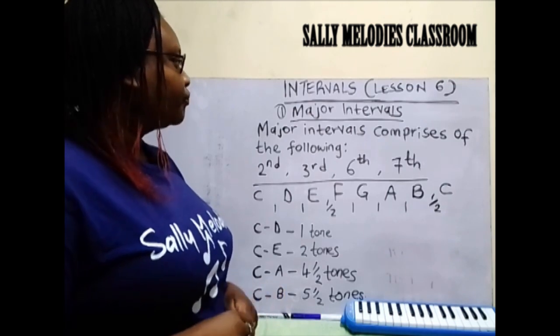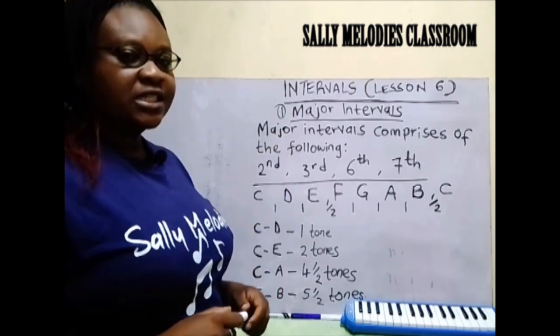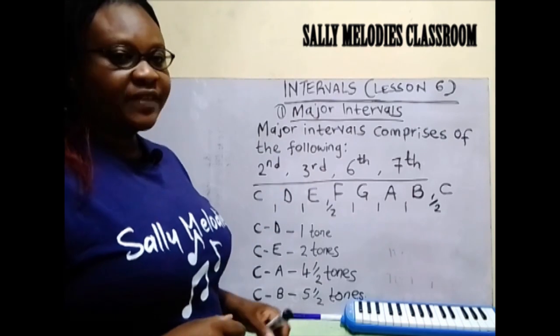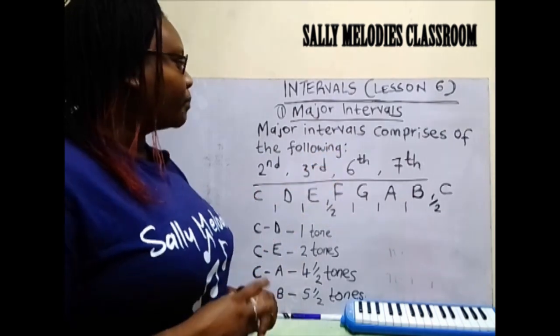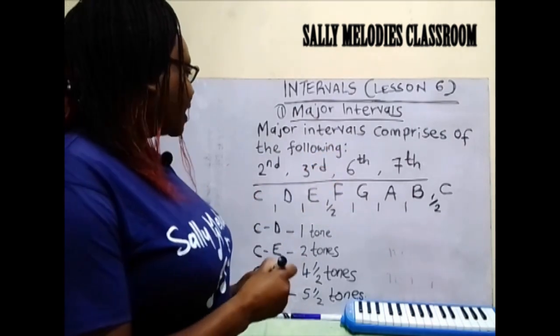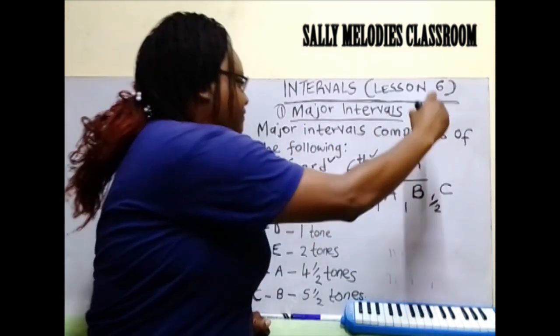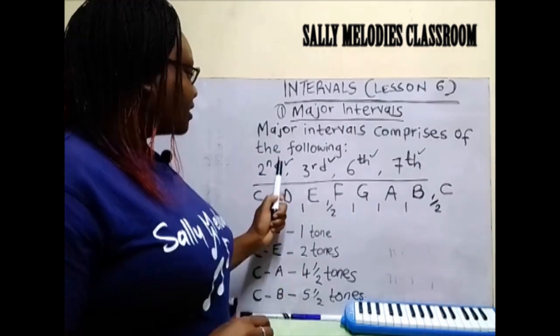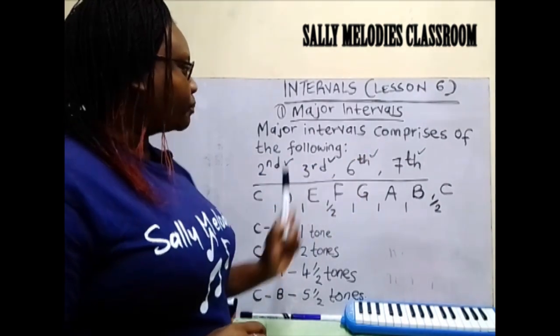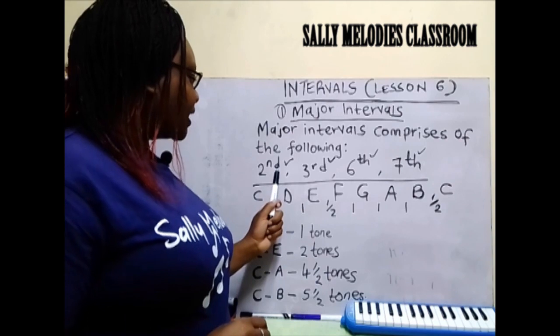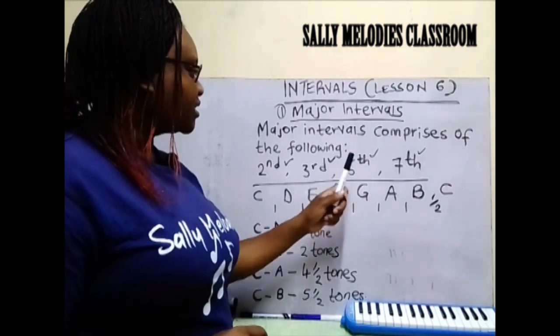When you see major intervals, just know that major intervals comprise the following: a second, a third, a sixth, and a seventh. Again, major intervals comprise a second, a third, a sixth, and a seventh.